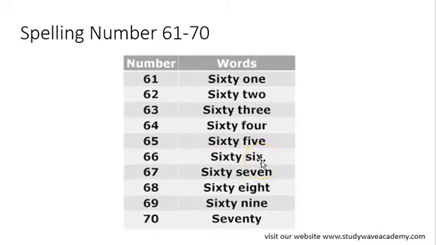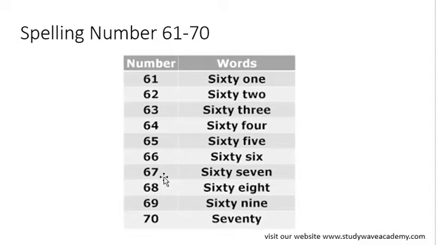And the next number we have here is 67. And how do we spell 67? Correct. 60 and 7 together.